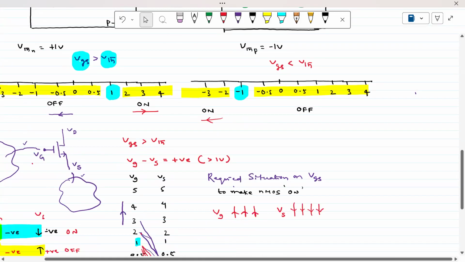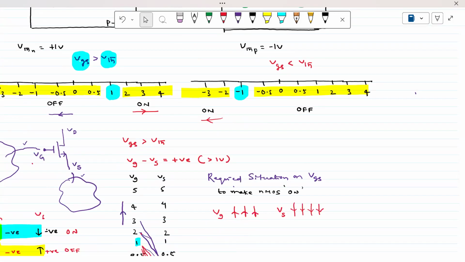That means the difference between the gate and source voltage must be a negative value. The difference between gate potential and source potential should be a negative value. That also must be less than the negative threshold voltage. Less than this one, all the values will come into the picture. Therefore, that's the reason why when VGS value is less than VTH, the transistor becomes on.